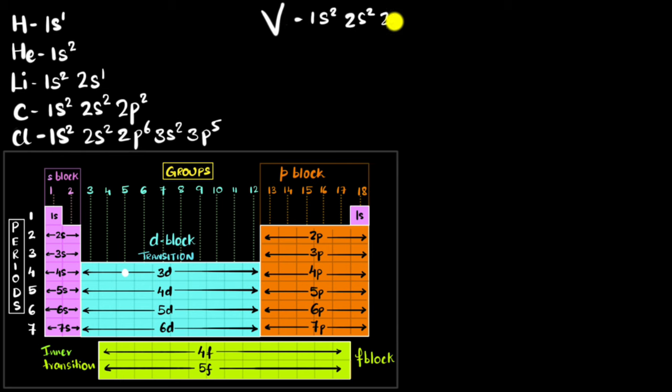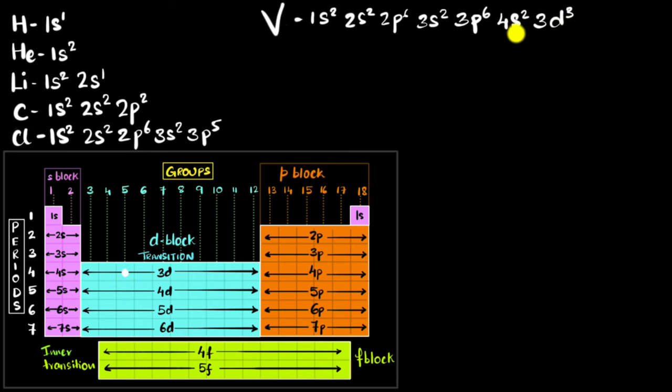Then 3s2. Then 3p6. This is getting exciting, right? Then 4s2. And then finally we'll be in 3D, and it is 1, 2, 3 squares to the right in the D block, and therefore it is 3D3.